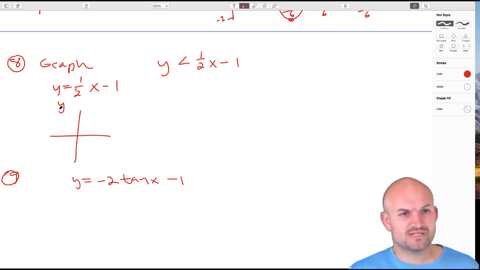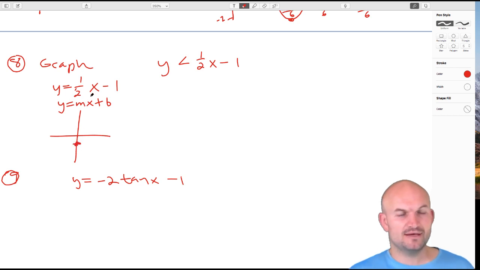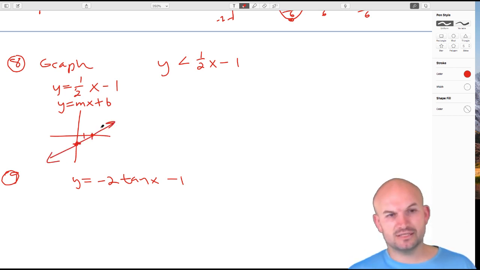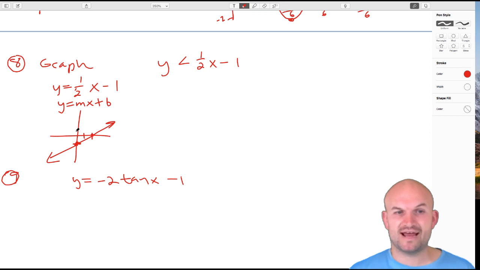Remember, using slope-intercept form, y equals mx plus b, b is your y-intercept, so that's on the y-axis. You're going to go down to -1. M represents your slope, which is the change in the y-coordinates over the change in the x-coordinates. So that's going to be up 1 over 2.